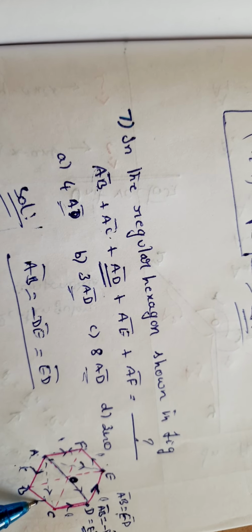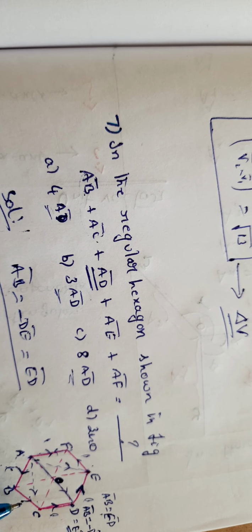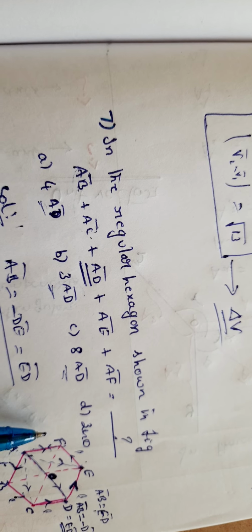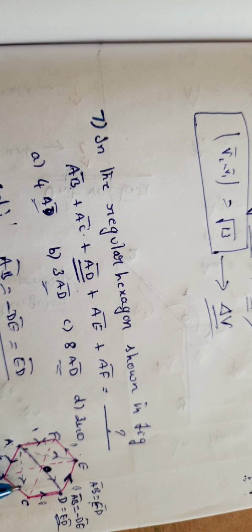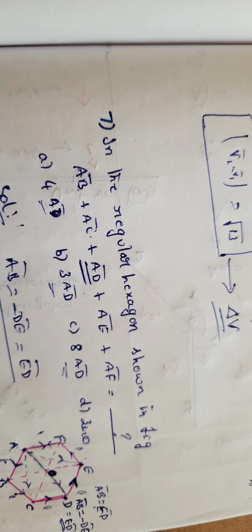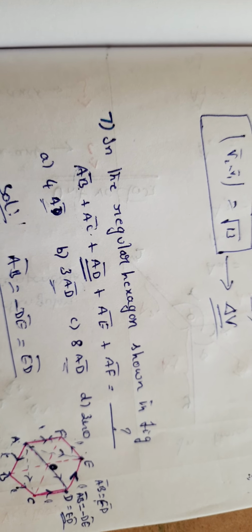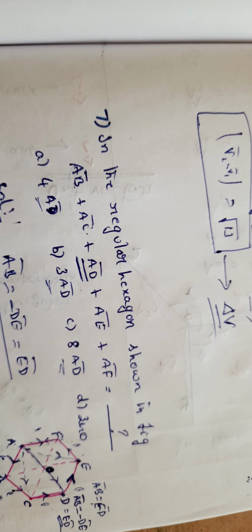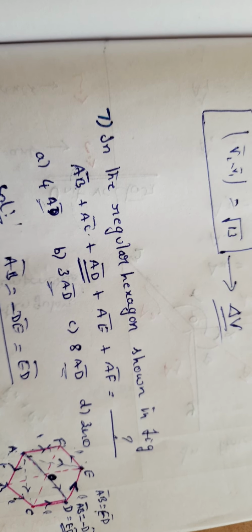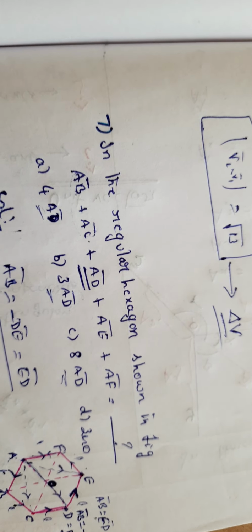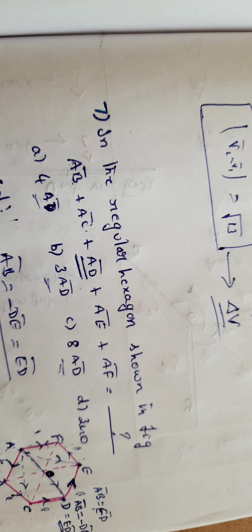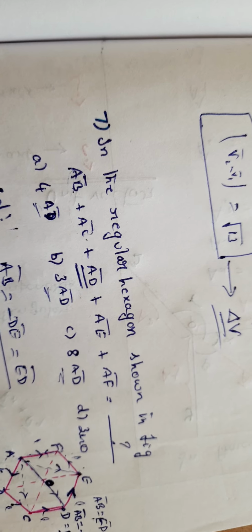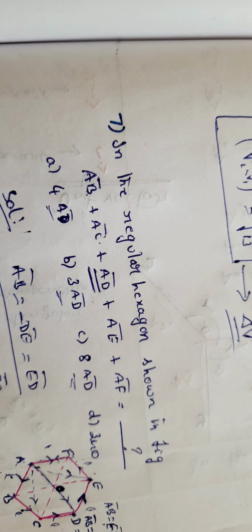And now observe BC and this one. It is exactly opposite to this one. So what is that? You have BC bar, which is equal to minus EF bar, which is equal to FE bar.